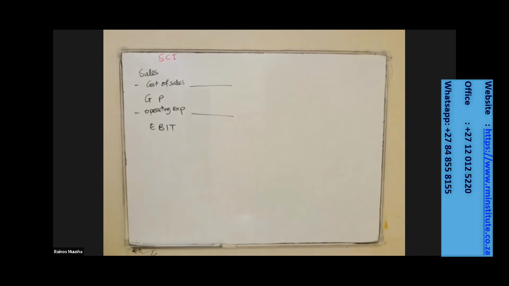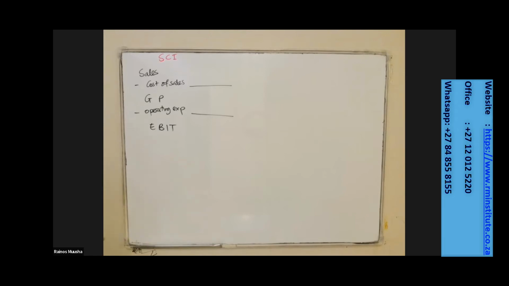Sometimes, instead of giving you information to get the earnings before interest and tax like this, they can instead of saying these are the cost of sales and these are the operating expenses, split them to say these are the fixed costs and these are the variable costs as well.